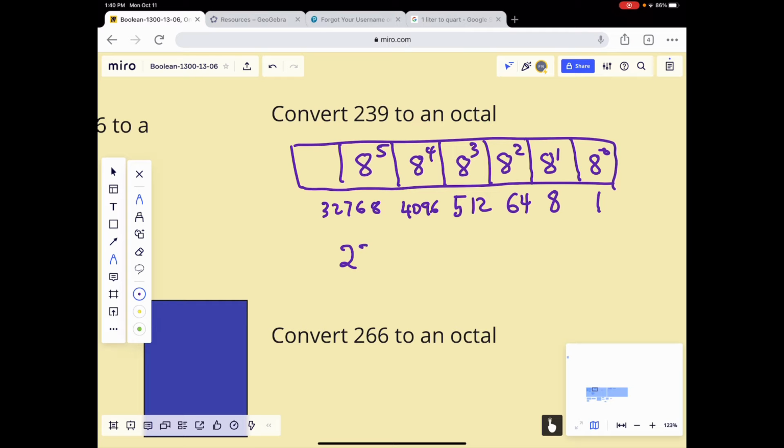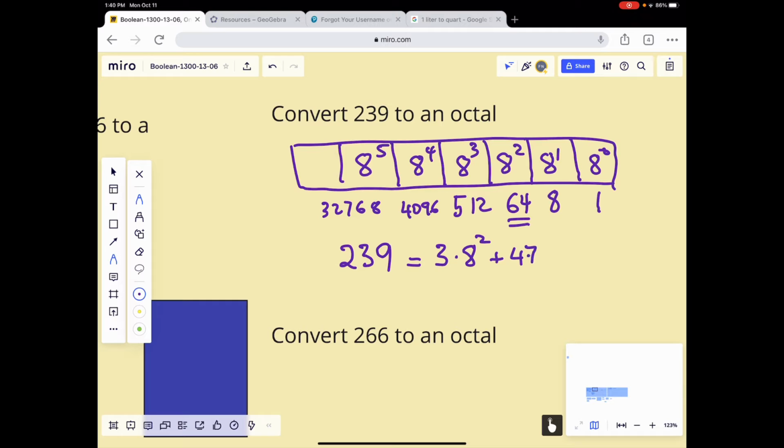All right, so now you have 239. You look for the biggest number that can divide into 239, so it has to be smaller than 239. This number is 64. If you divide 239 by 64, you get 3 times. So 3 times 8 to the power of 2, and you have 47 left.